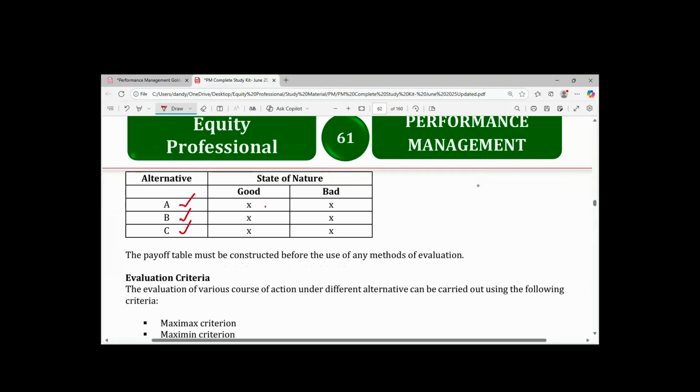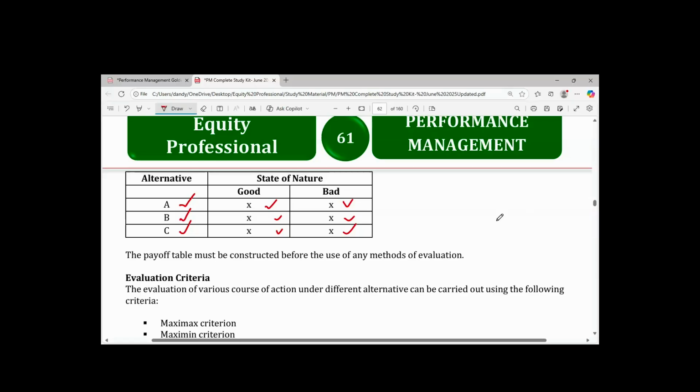There can be good or bad for each alternative course of action. So, like I said, before you begin to evaluate each criterion using any method that you want, you must construct the payoff table. It is the payoff table that you are going to use to go ahead and evaluate each option available.